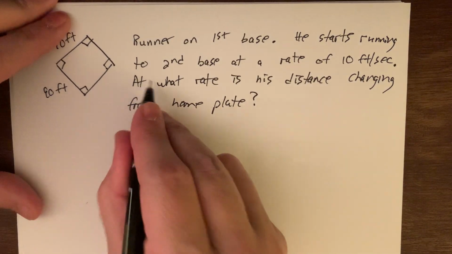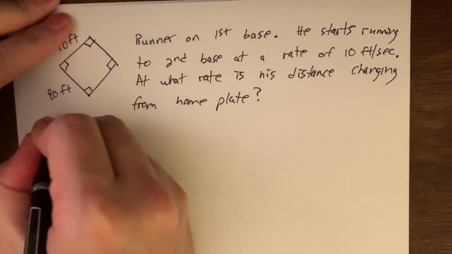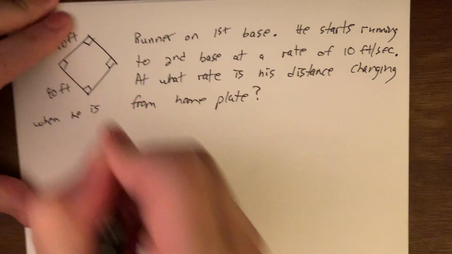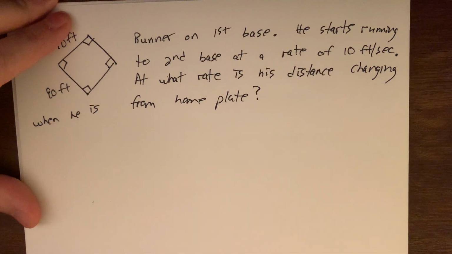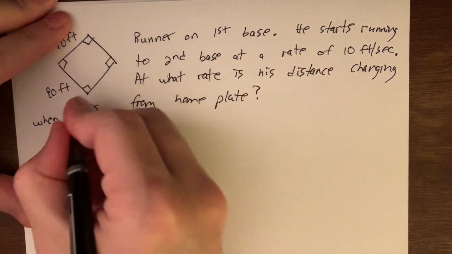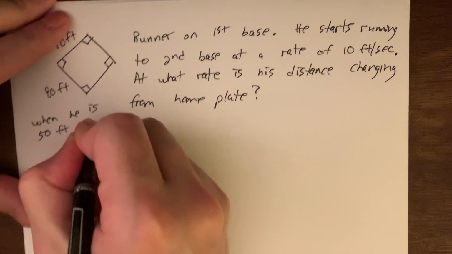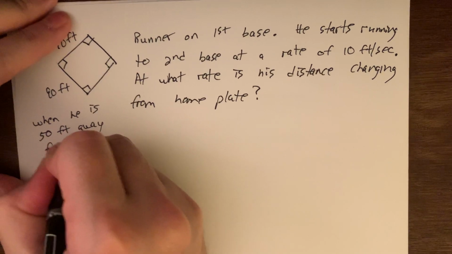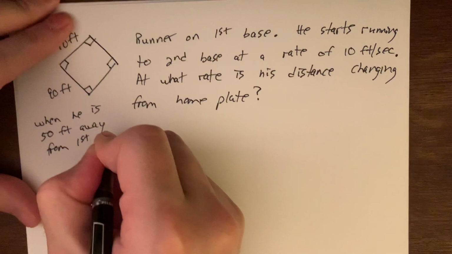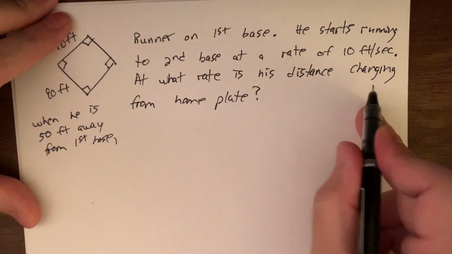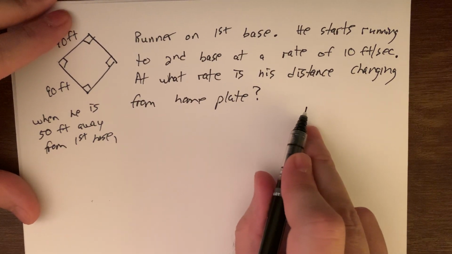Before I ask the at what, when he is, let's keep him 50 feet. When he's 50 feet away from first. And then, at what rate is his distance changing from home plate?